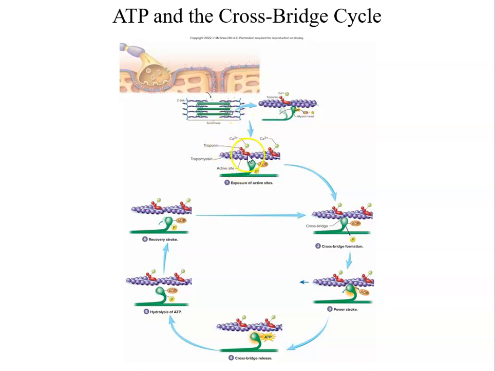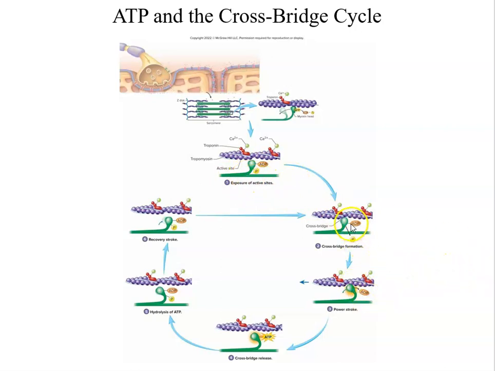So calcium has been released from the sarcoplasmic reticulum. It has bound to troponin and gotten tropomyosin out of the way. Cross-bridge formation occurs when myosin grabs on to that binding site, or attachment site, or active site.